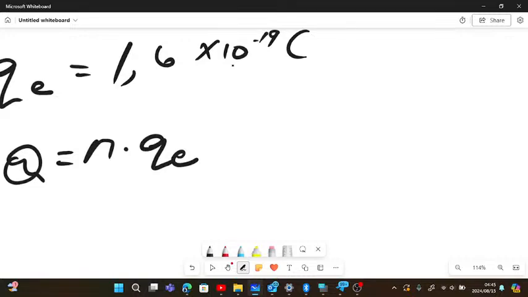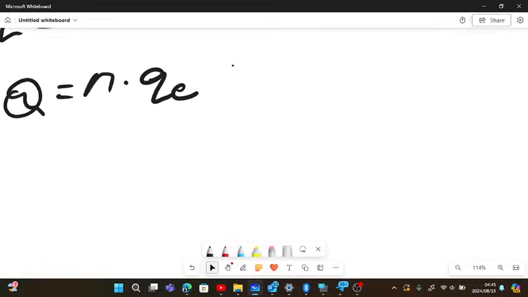When they want the charge of a proton, or a positively charged sphere, I'm going to use a positive 1.6 times 10 to the exponent negative 19.